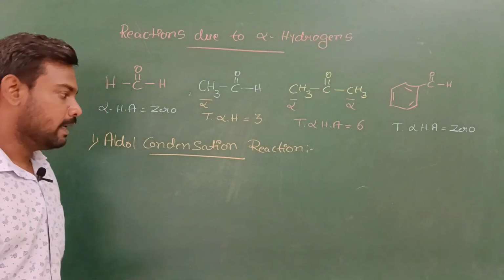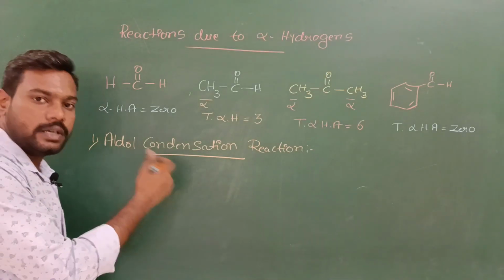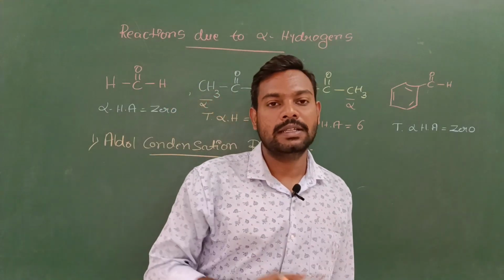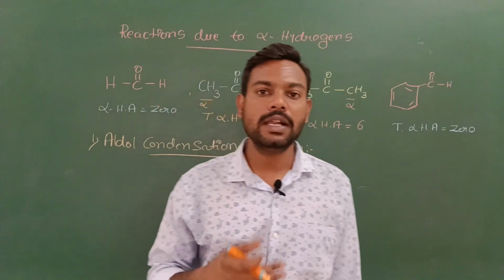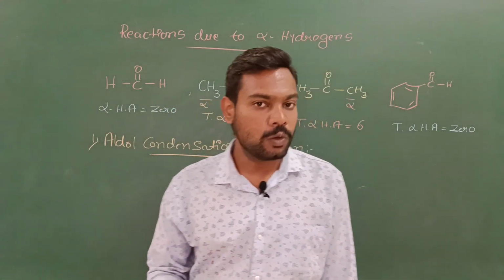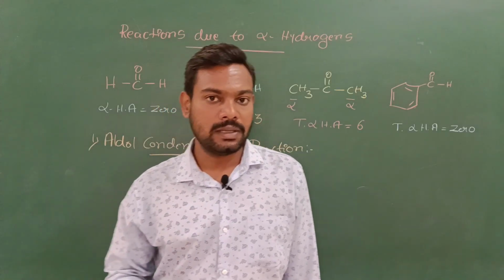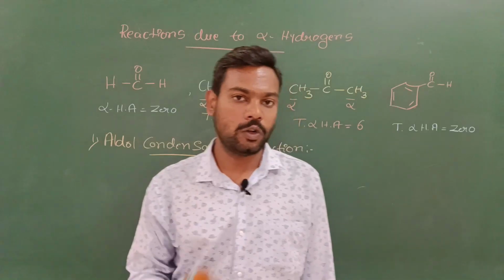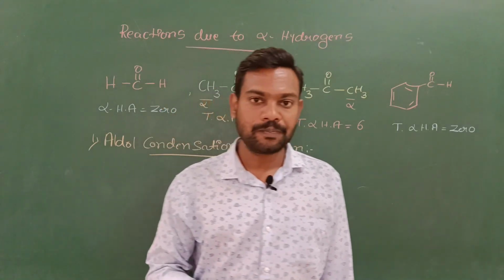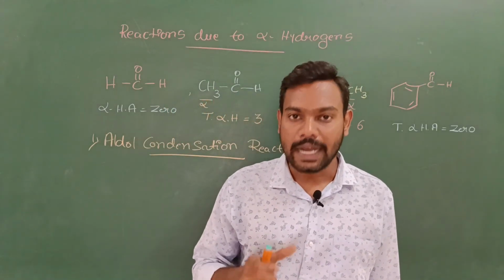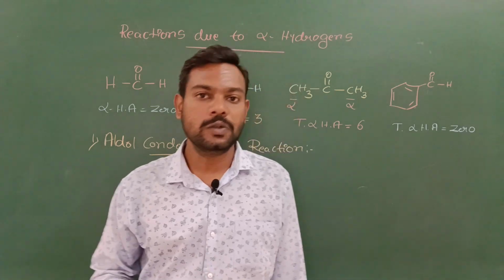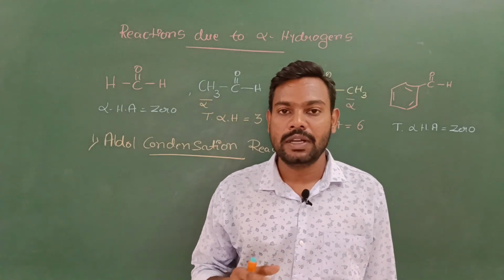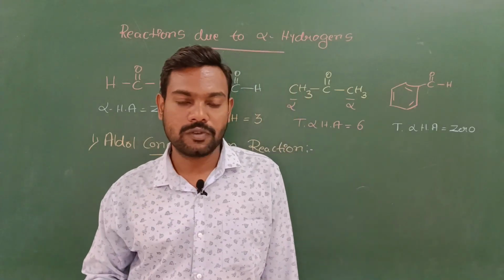What is meant by aldol condensation reaction? Enolizable carbonyl compounds undergo dimerization when they react with a base to form an aldol, which further undergoes condensation to form an alpha beta unsaturated carbonyl compound.